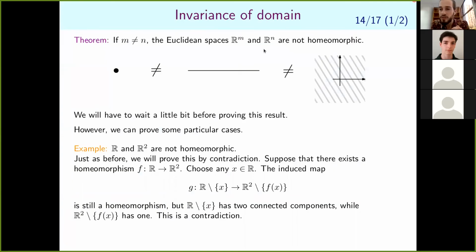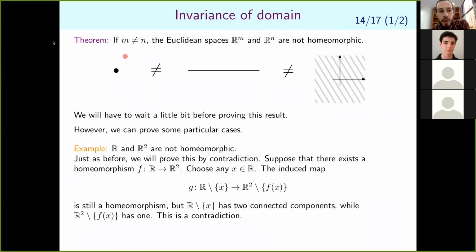All right. So this story begins with a very important result, which is called the invariance of domain. And it goes like that. If you take two Euclidean spaces, Rm and Rn, such that m is not equal to n, then they are not homomorphic.